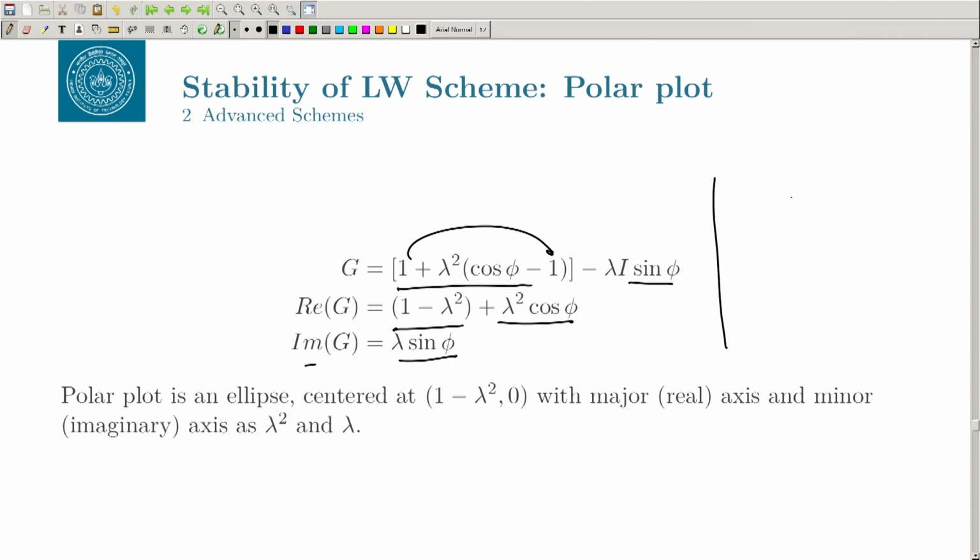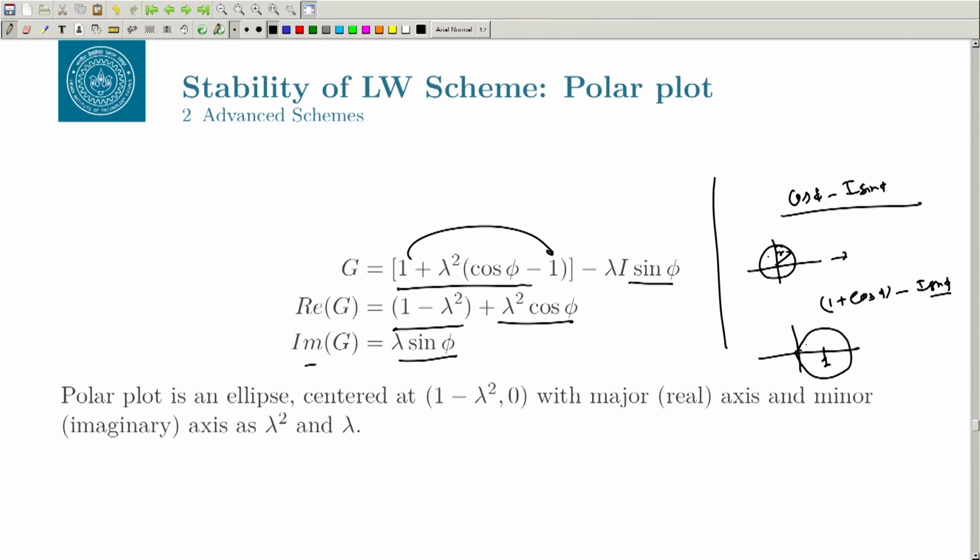So, when we had cos phi minus i sin phi, okay, then we had the polar plot, which was a circle, right, with a radius 1, right. Now, let us say we have 1 plus cos phi minus i sin phi. So, then you will have basically a circle which is centered at 1, okay, and it will become like this, right.